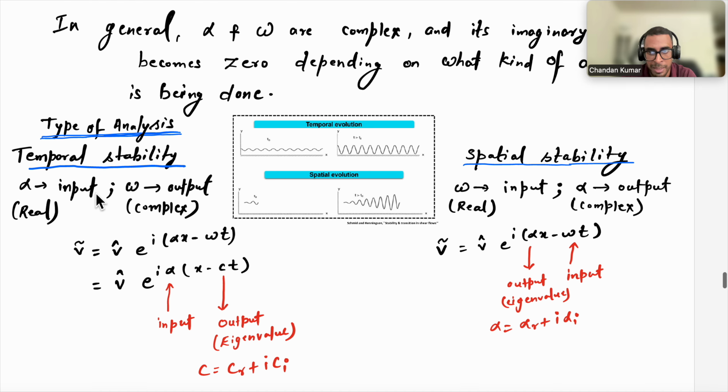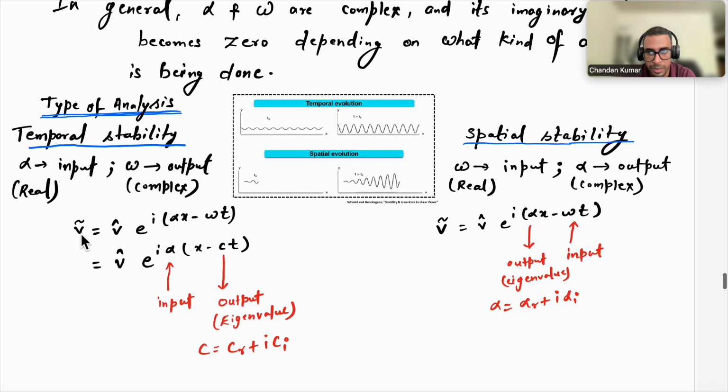Now coming to the mathematics, in the temporal stability we consider alpha, the streamwise wave number, as real, and this is the input. So we specify the streamwise wave number, and omega, the frequency, is the output. This omega is complex in nature, and it comes out of an eigenvalue problem.